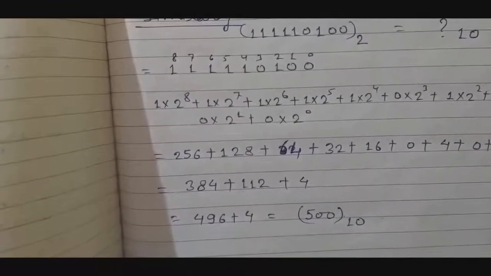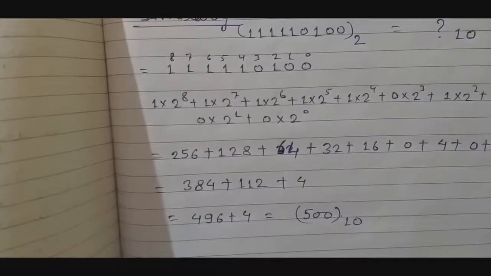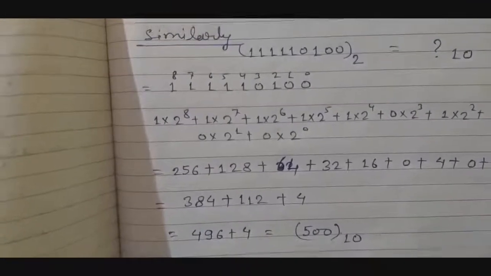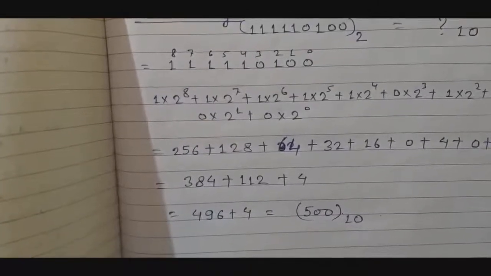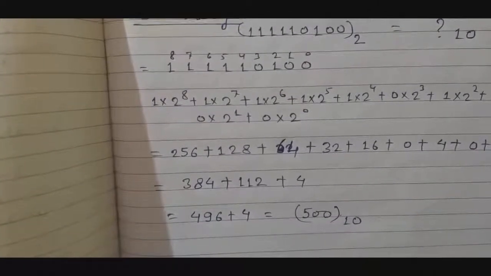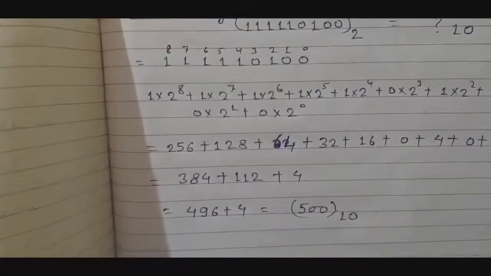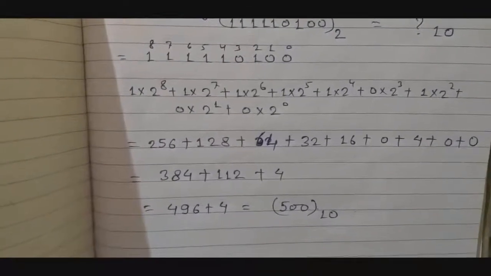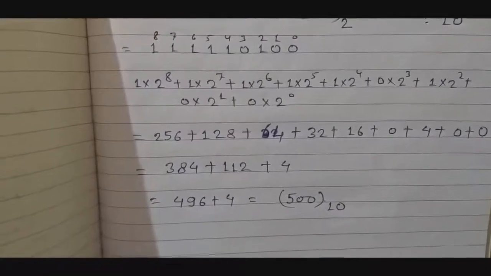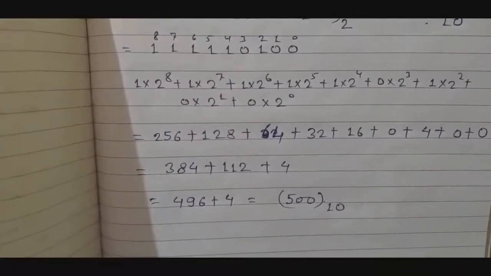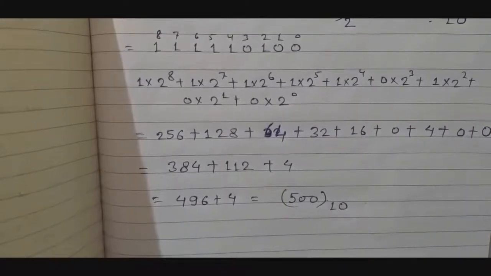Then we take the power of 2 of the place value multiplied by that particular digit, and then add all the terms. In this manner we can convert a binary number into the decimal number system.